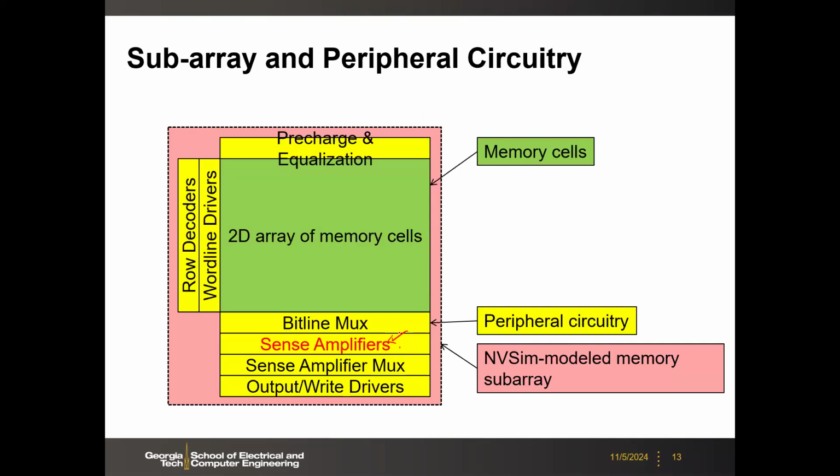So in memory peripheral circuit design, the key is the sense amplifier design within the array, and outside the chip, the I/O interface circuit. Those two are where the innovation comes from. If you look at the ISSCC papers, if you want to publish in the memory subcommittee, you have to innovate on either the sense amplifier or the I/O interface.